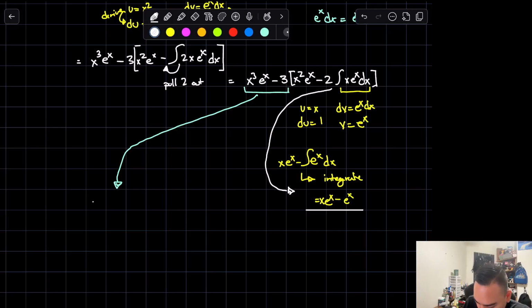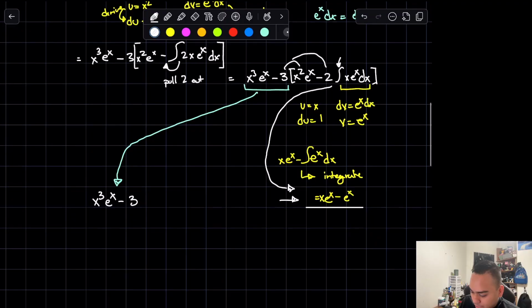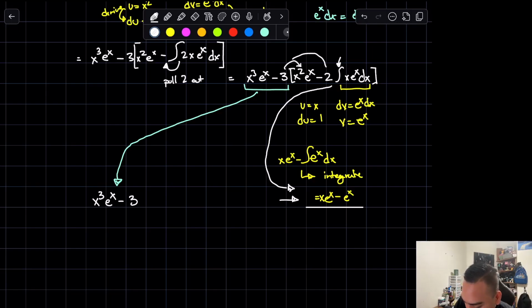It's gonna become x cubed e to the x minus. Now remember, we are distributing the 3. Okay, and everything that's inside this integration symbol is going to become basically this right here. And we're going to distribute the 2 to it. So what it essentially means is, let's say in the beginning, to without confusing anybody, we just distribute 3 first, okay?